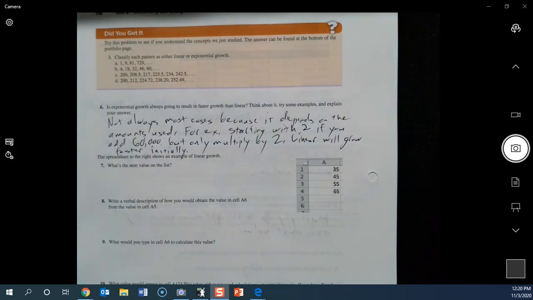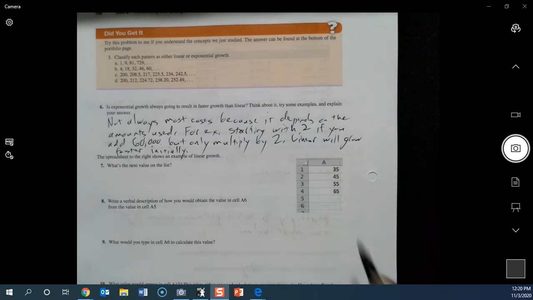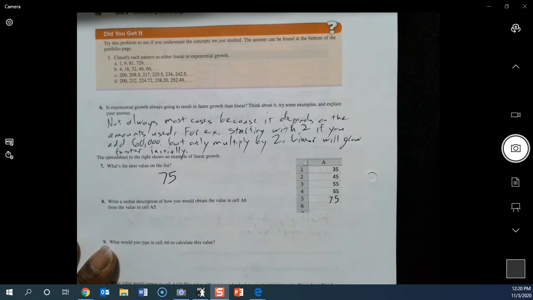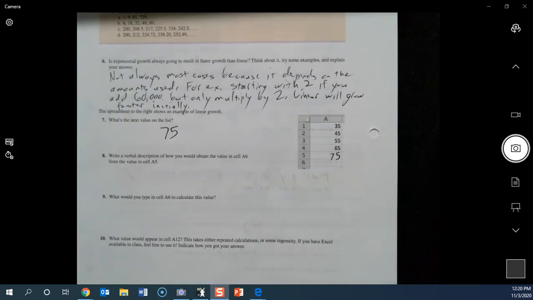Okay, now it says the spreadsheet to the right shows an example of linear growth. What's the next value on the list? You go 35, 45, 55, 65. You're growing by 10, so the next value on the list would be 75. Now number 8, it says write a verbal description of how you would obtain the value in cell A6 from the value in cell A5.